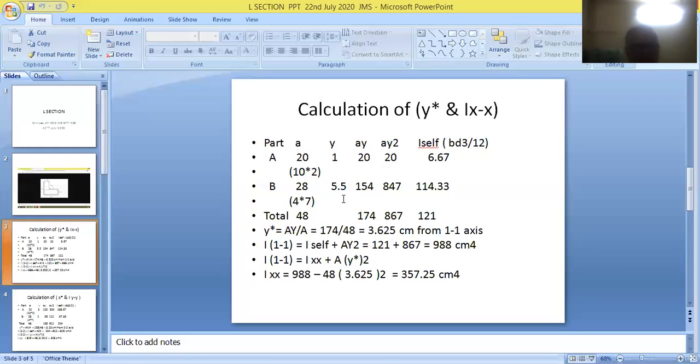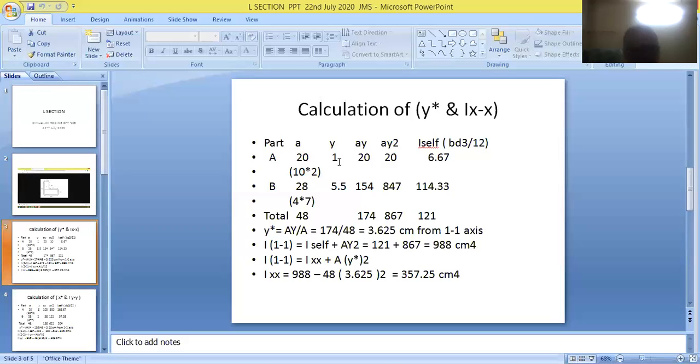So friends, the Y value for the first component will be equivalent to 1 centimeter. Using this rule, the Y value for the second component must be taken as 5.5 centimeters. So selection of Y values is also very, very important. If you don't select these values properly, here you make AY calculations, and here you have to make AY square calculations.